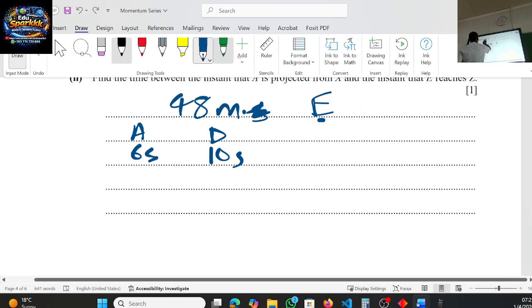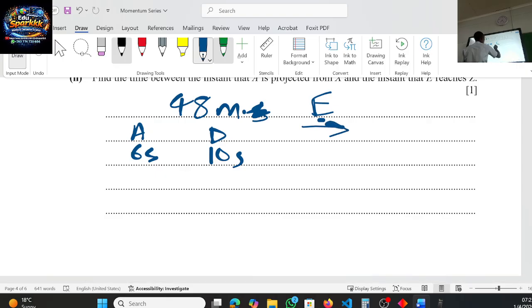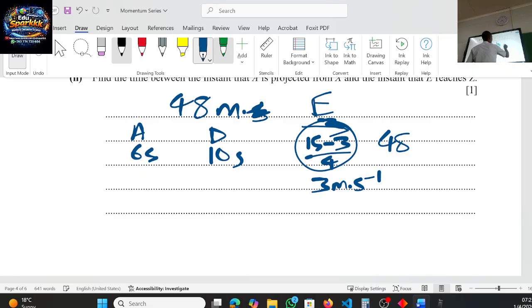we are going to have a speed of (15 minus V), but we saw that V is 3. So the whole system will be moving at 3 meters per second. But it needs to cover a distance of 48 meters from our calculation. So if we divide the two, they give us time.